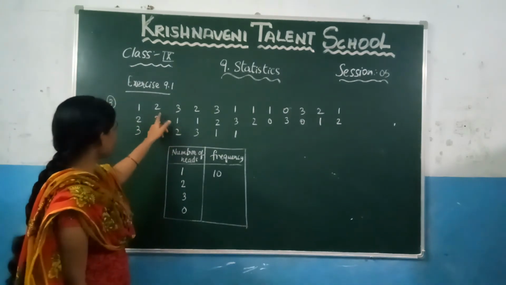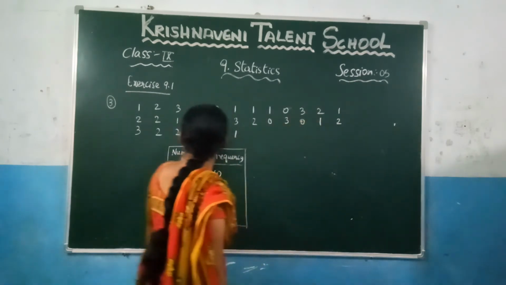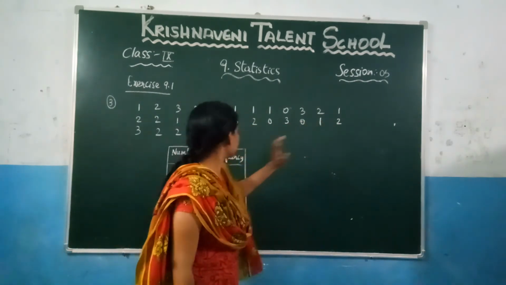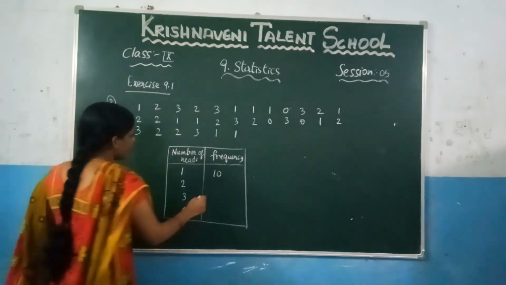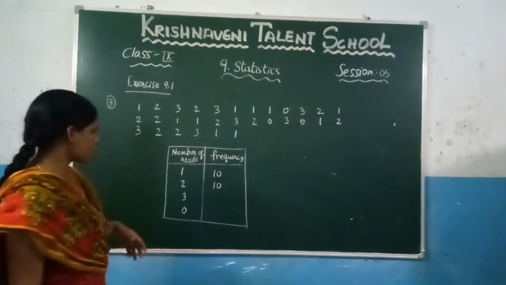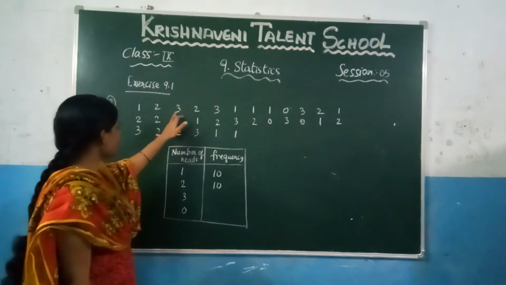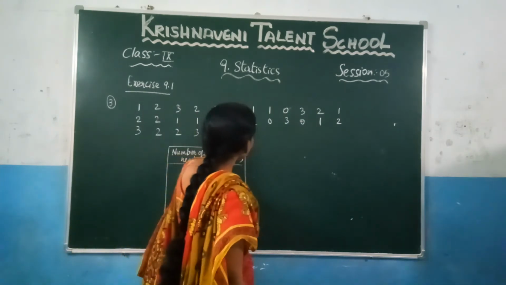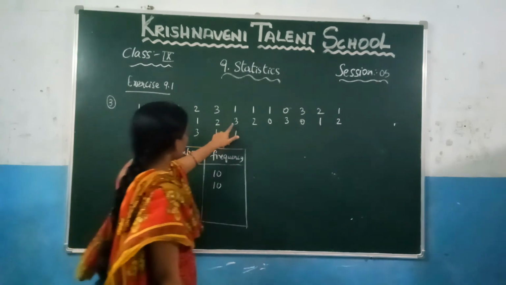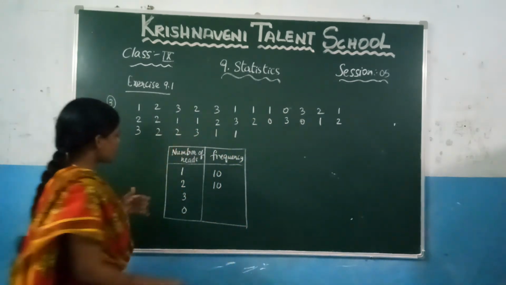Let us count: 1, 2, 3, 4, 5, 6, 7, 8, 9, 10. Again you are getting 10. Now let us see how many times you are getting all 3 coins as heads: 1, 2, 3, 4, 5, 6, 7. Seven times you are getting it.